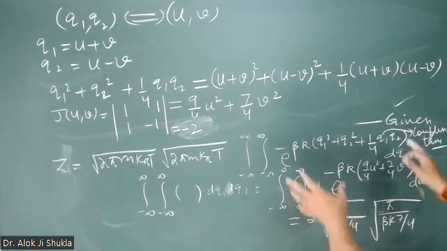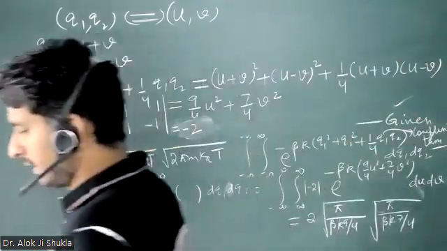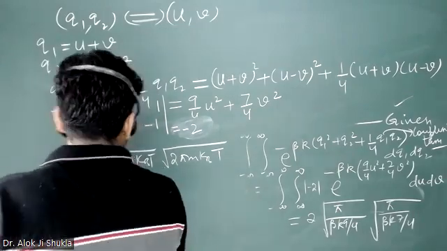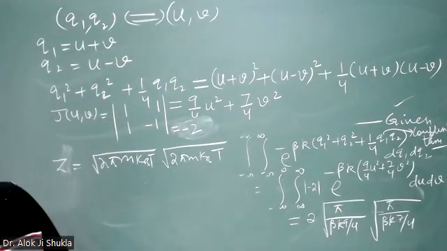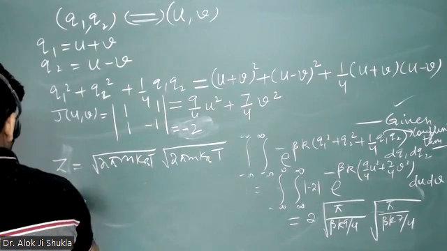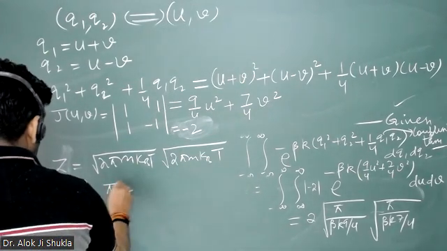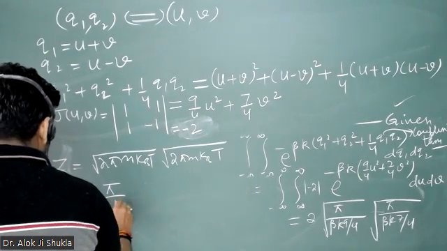Now this part of integral is solved, and we will get Z is equal to pi by beta k. So what is K?